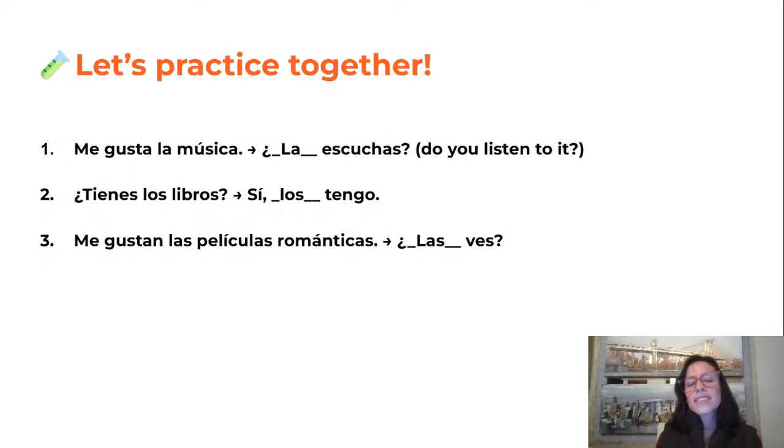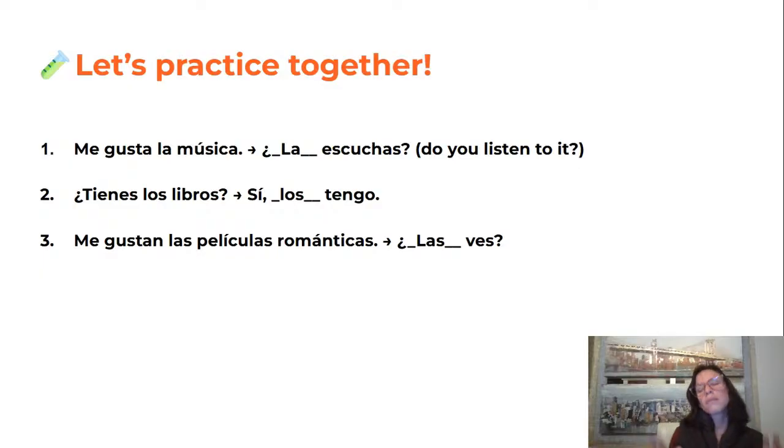So that was what I wanted to show you guys. How we cannot put together in the same sentence the direct object pronoun and the verb gustar. Why? Because it doesn't work like that. We use a direct object pronoun when introducing a question related to a sentence with gustar, like this.